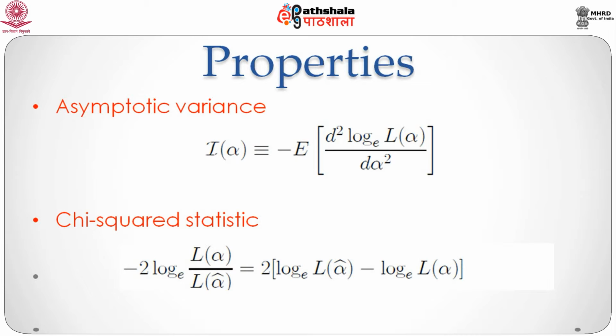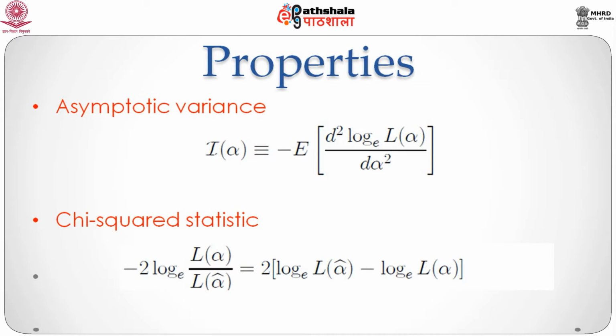We can also define the likelihood ratio corresponding to a distribution. So minus 2 log of L alpha by L alpha hat, where alpha is some pre-specified value and alpha hat is our maximum likelihood estimator, is equal to twice of log L alpha hat minus log L alpha, and it is well known that this follows a chi-squared distribution and can be used for the purposes of inference.